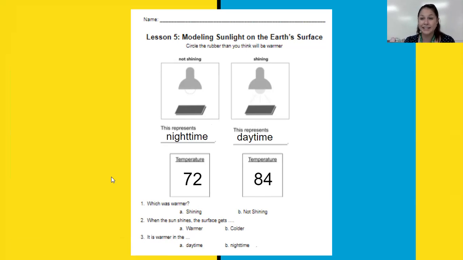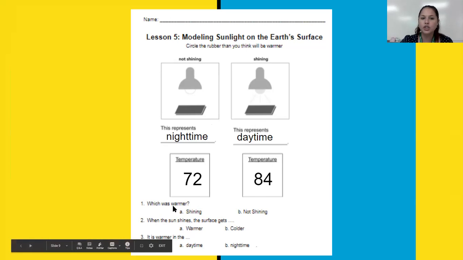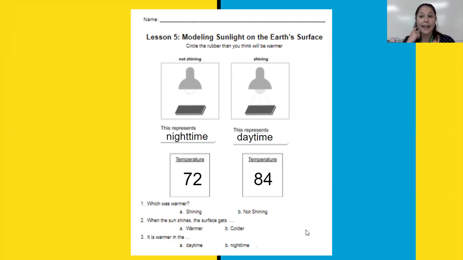So I want you to think about this, and you are going to go over to the classwork tab and answer some questions on lesson 5. You're going to answer which was warmer, the nighttime model not shining or the daytime model shining. When the sun shines, the surface gets warmer or colder, and it is warmer in the daytime or nighttime.